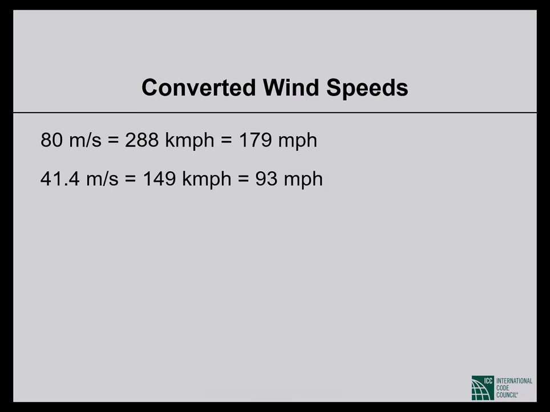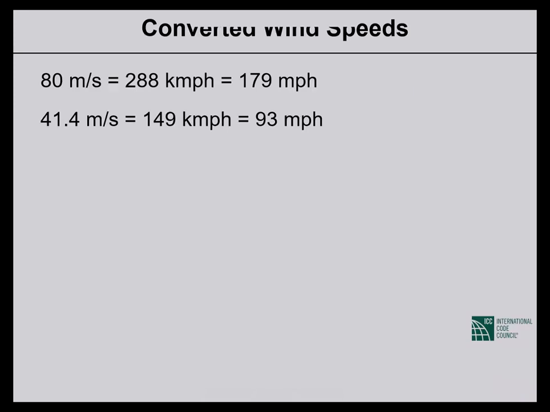If we go back to older standards, for the 93 miles per hour, we had wind speeds as low as 85, and for the 179 miles per hour, south of Miami in the Florida Keys, we go up to 200, maybe 210 miles per hour, something like that. So this is a comparable range.